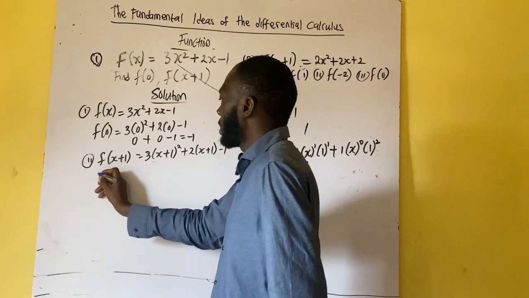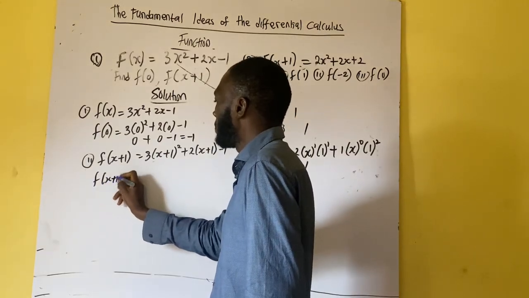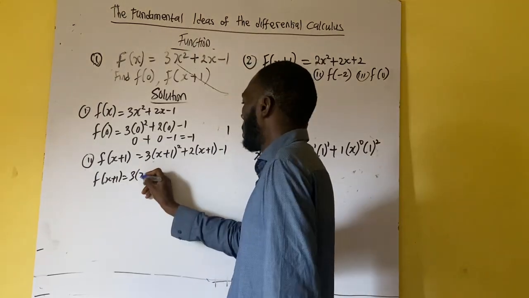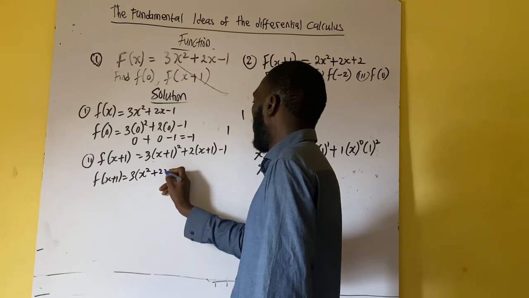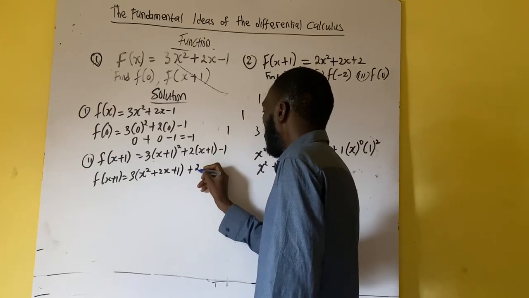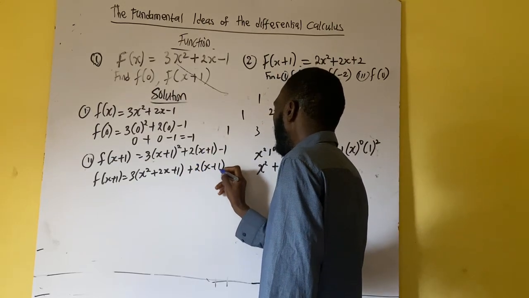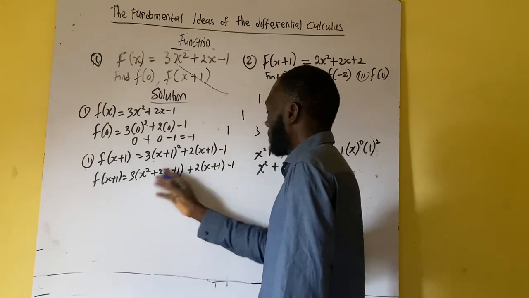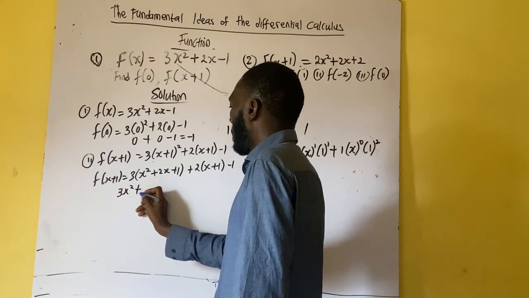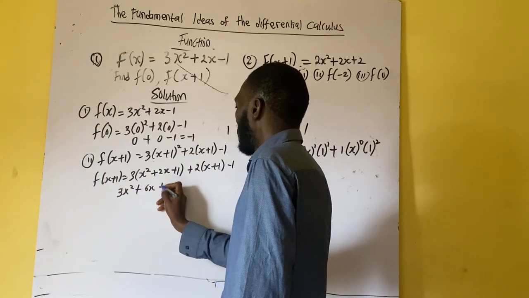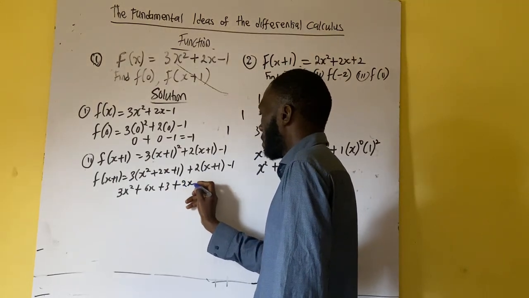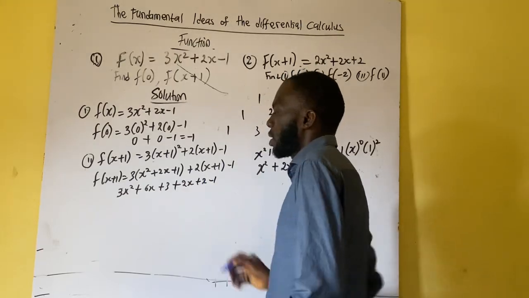So now let me put this inside. I'll have f of x plus 1 equal to 3 times (x squared plus 2x plus 1) plus 2x plus 2 minus 1. Now expand it: we have 3x squared plus 6x plus 3, plus 2x plus 2, minus 1.